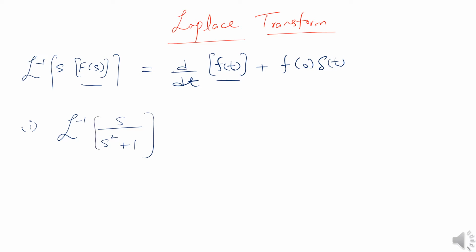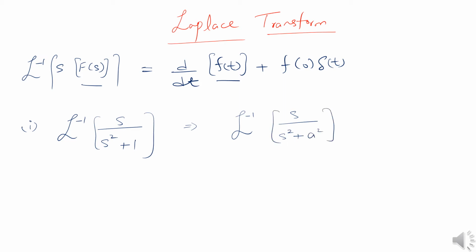If I take the inverse transform directly, as in our previous lessons, the denominator is s squared plus 1 and the numerator is s, so it is like the inverse transform of s divided by s squared plus a squared.